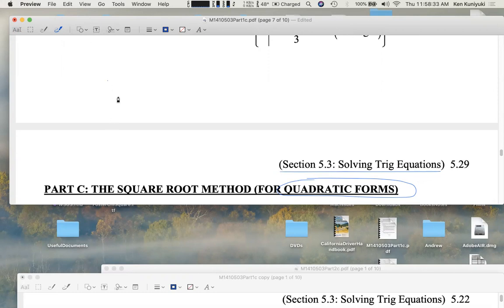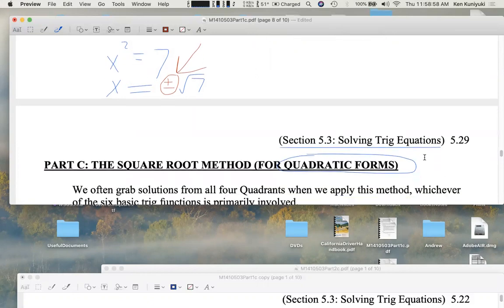If we have something like x squared equals 7, what could x be? Oh, the square root of 7, right? Not so fast. Don't forget what? Plus or minus. And by trig, a lot of students forget to put that as part of the square root method.